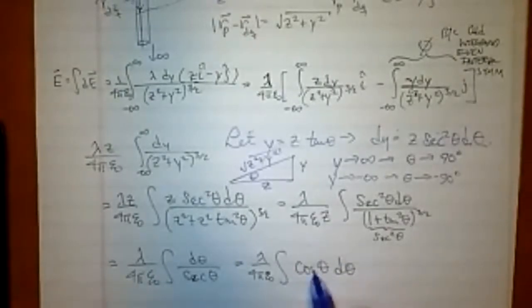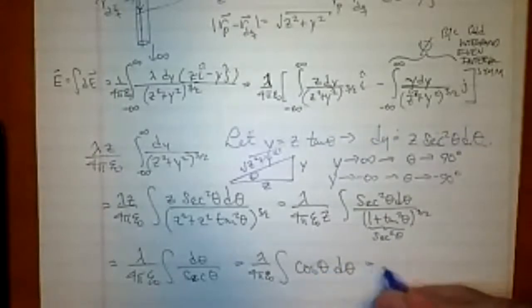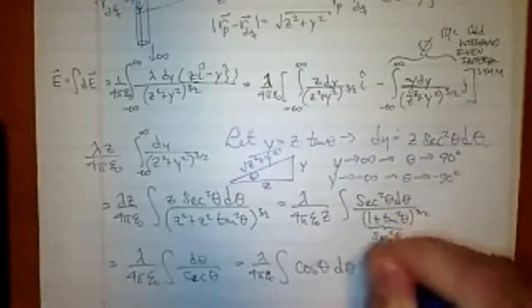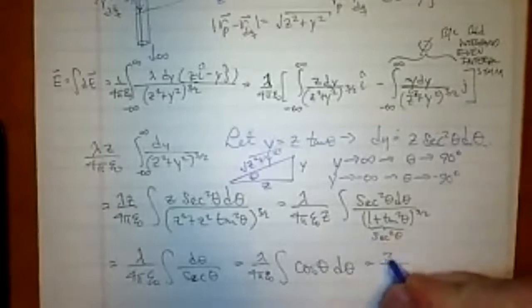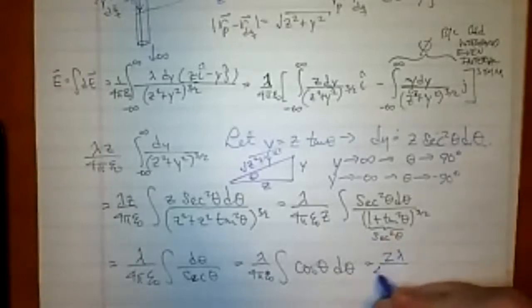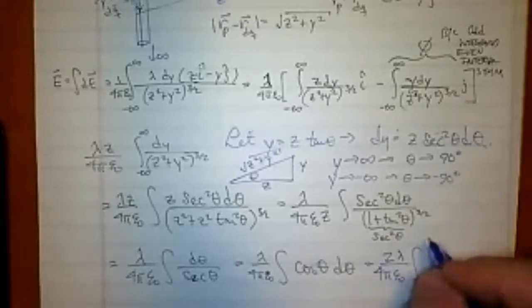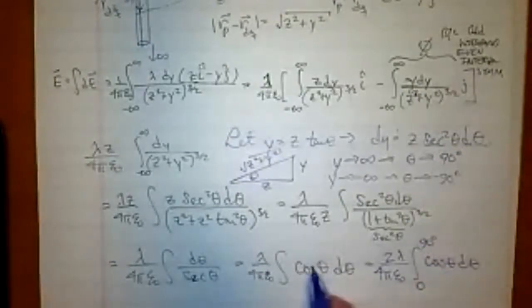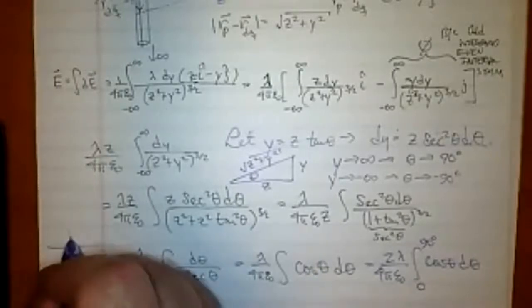We also happen to notice that cosine is an even function, and we could instead do 2 lambda over 4 pi epsilon naught times the integral from 0 to 90 degrees of cosine theta d theta. Because this cosine theta is an even function. Remember, it's symmetric.